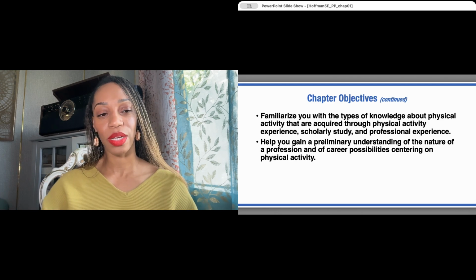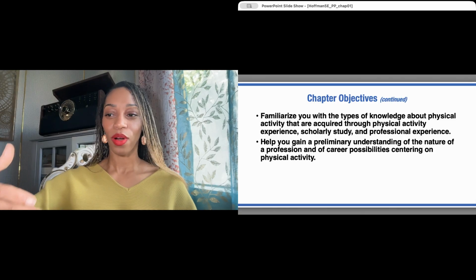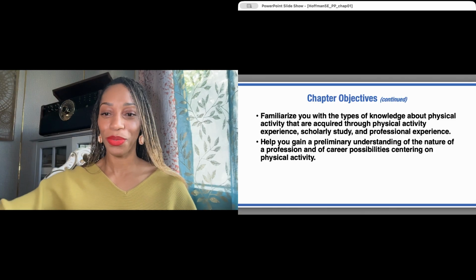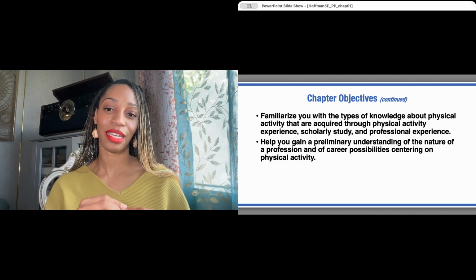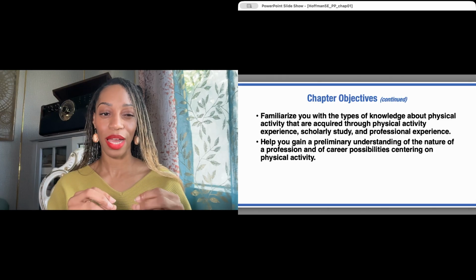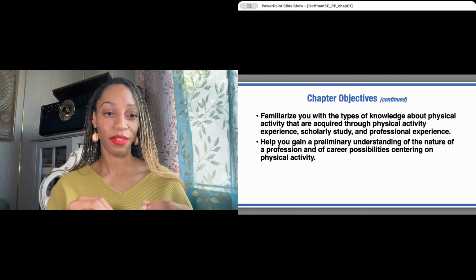But if you do have experience, either volunteering or maybe you have a job related to kin, then all of these things blend together in how you familiarize yourself and understand the field.